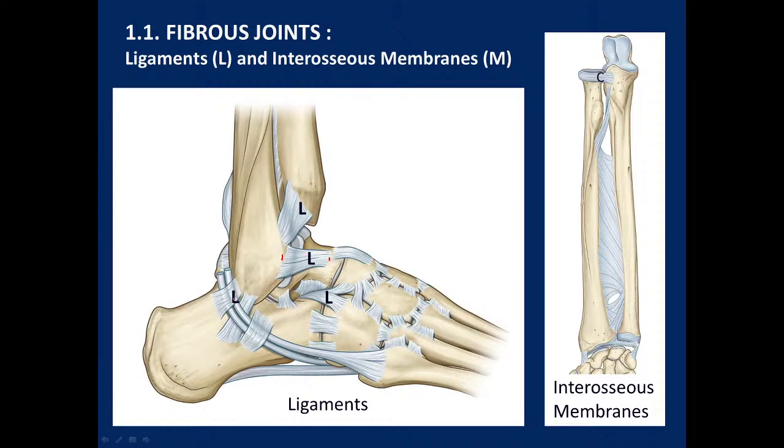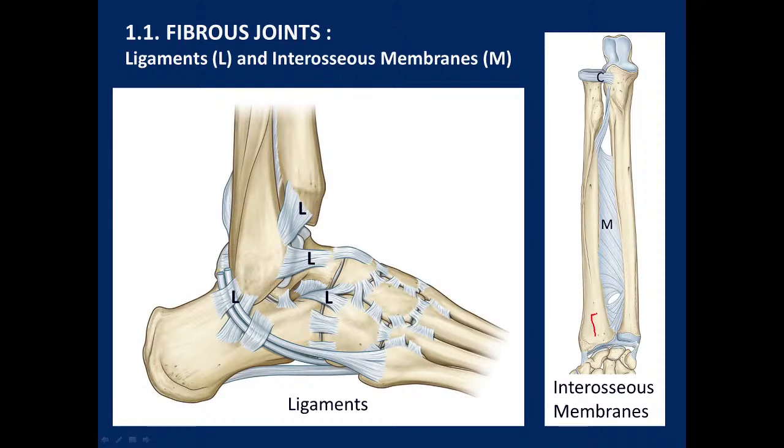They keep bones together. When connective tissue is flat between two bones, like you see here, this is a flat kind of joint, and we call them membranes. Usually membranes are located between bones of the antebrachium, like here.